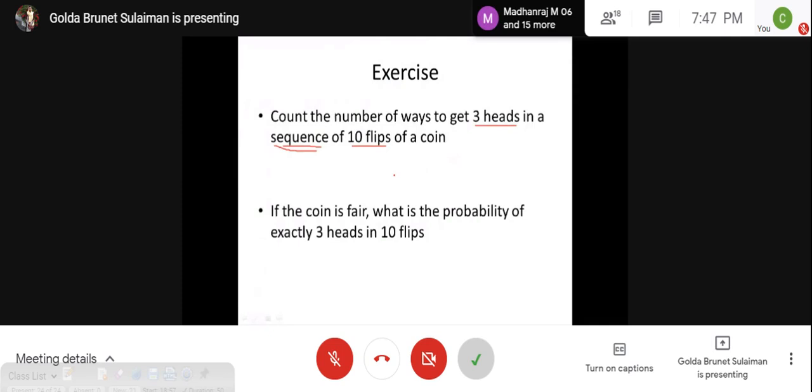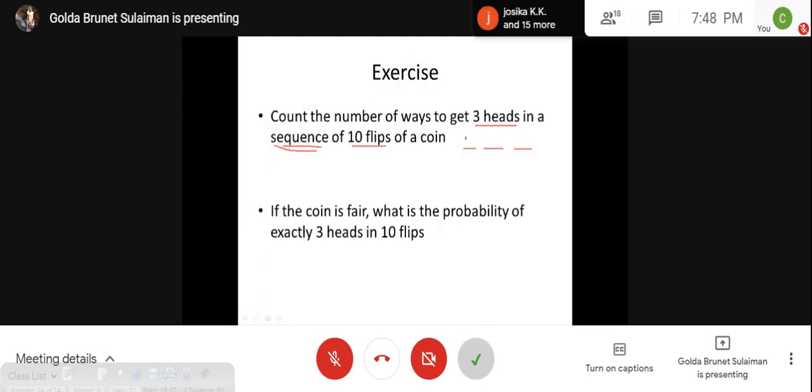What about the rule of product? I want 3 heads, so I have 3 positions to fill. And how many different ways can I fill this position? I can get head in the first trial, second trial, up to the 10th trial, right?